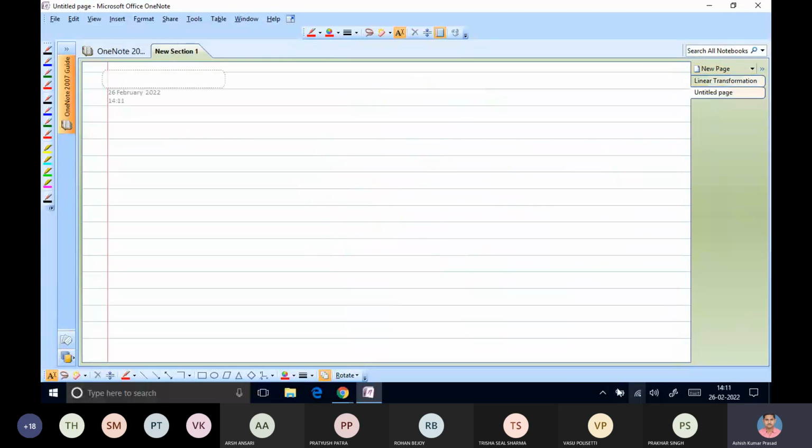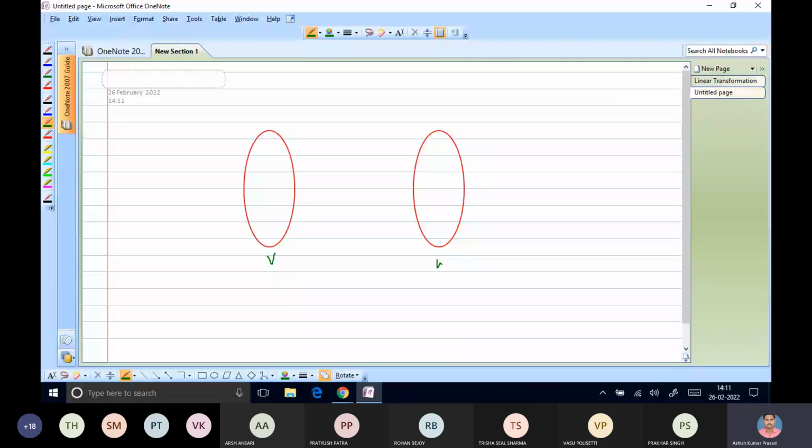So first of all, let us take V and W. So this is my V and this is my W. And T is a mapping from V to W. If I take two elements, V1 and V2, then its image under mapping T is TV1, and image of V2 under mapping T is TV2, right?